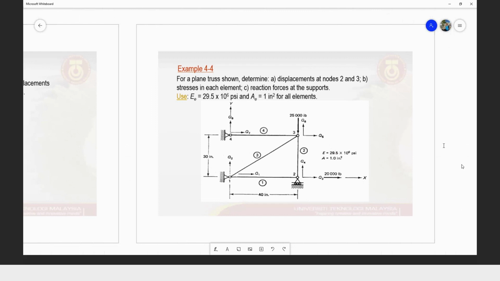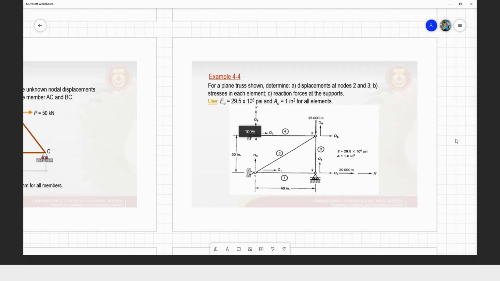So this example here is a very good example to explain how all of these equations that we use in finite element for solving plane trusses problems are applied for solving these simple plane truss problems.